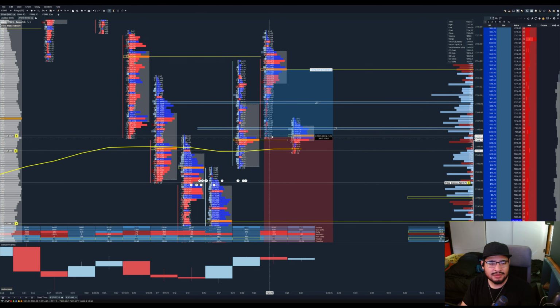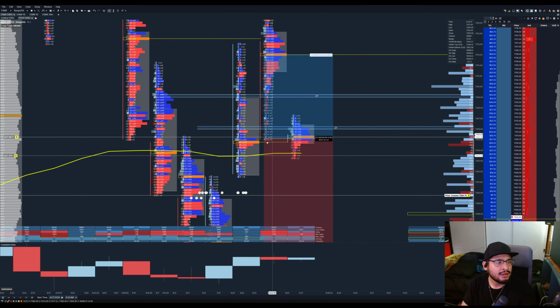So we kind of had zero prints. I don't really count them if they're at the bottom, but they're not technically at the bottom here of this range candle.